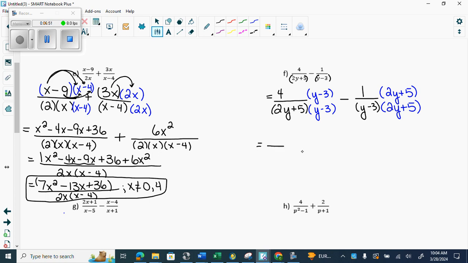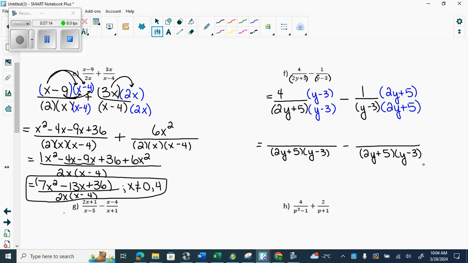So in the bottom, I'm going to have (2y plus 5)(y minus 3), minus (2y plus 5)(y minus 3). And then I just have to distribute my tops, right?